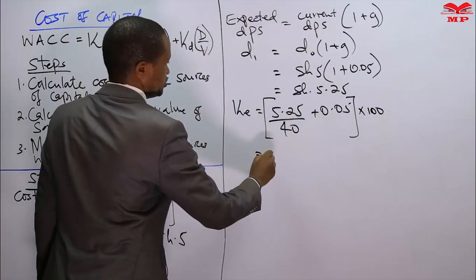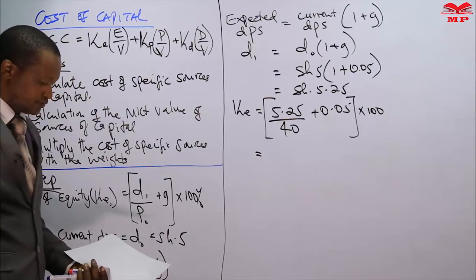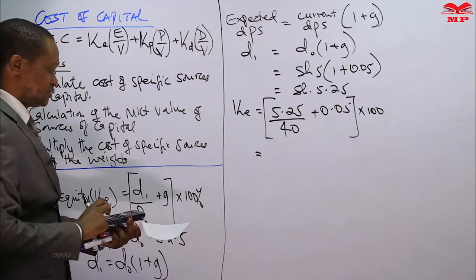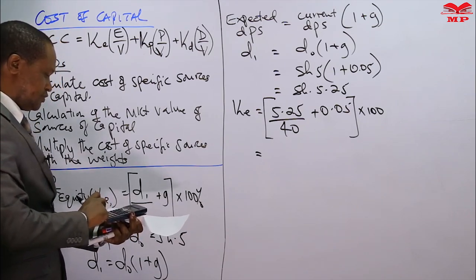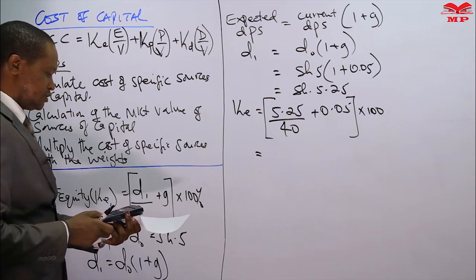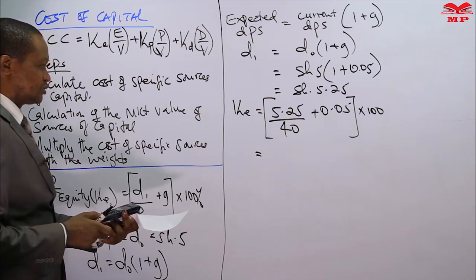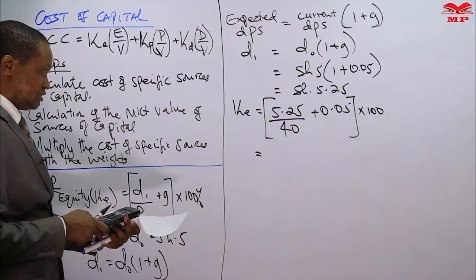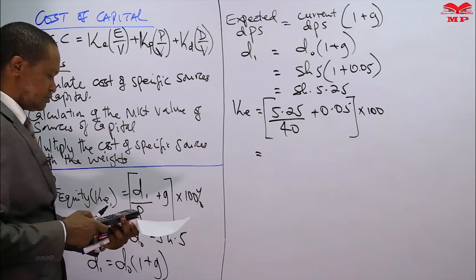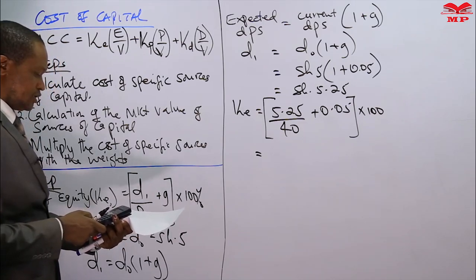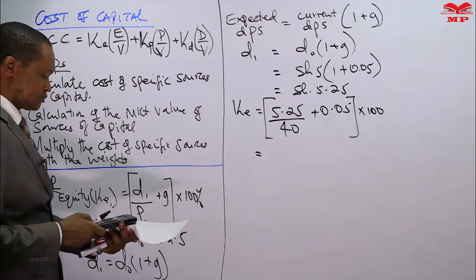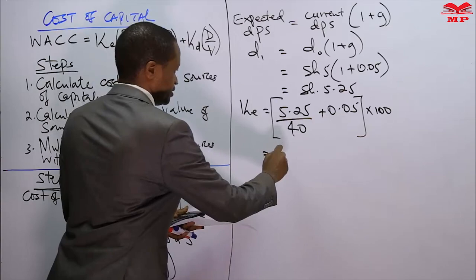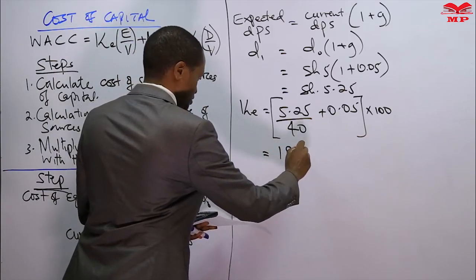So this will be equal to, calculator, 5.25 divide 40 is equal to 0.13125 plus 0.05 times 100. So our cost of equity here is 18.13%.